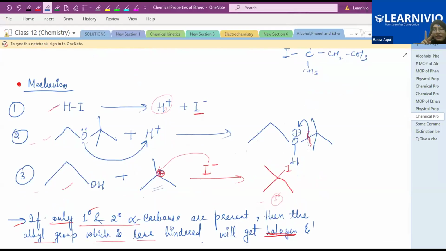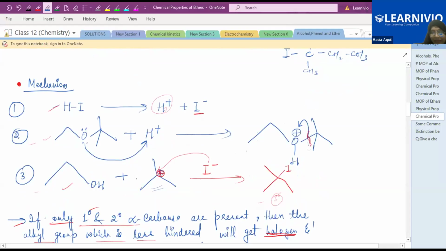First step, the leaving group will leave and there is formation of your carbocation. And after the formation of carbocation, the nucleophile will attack the carbocation and it will form the product, right?